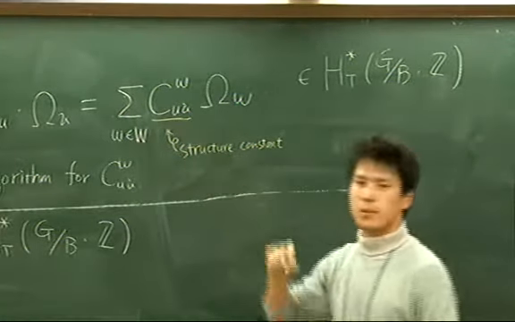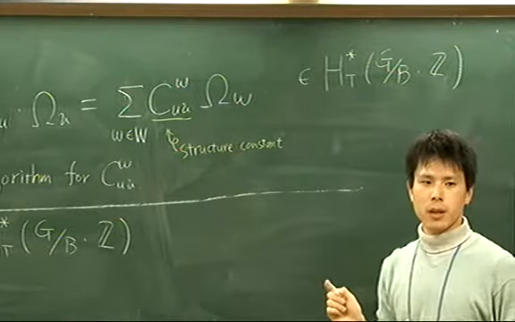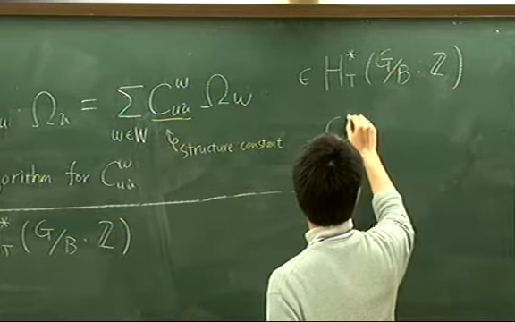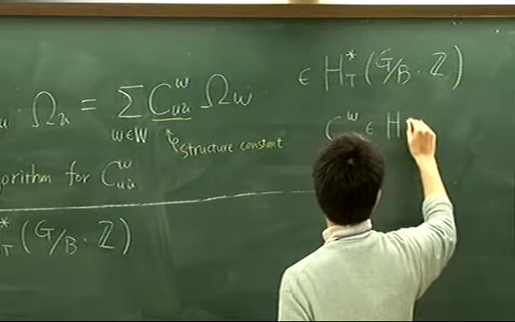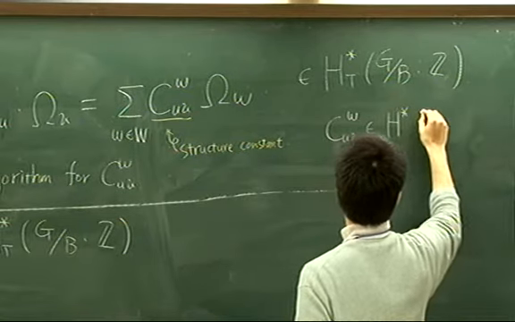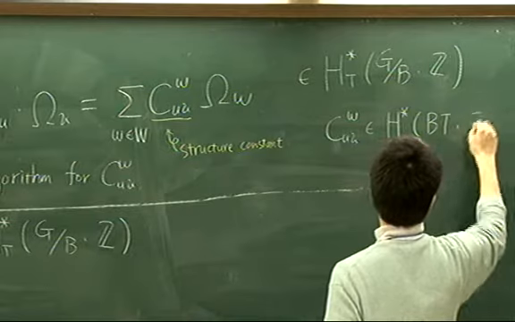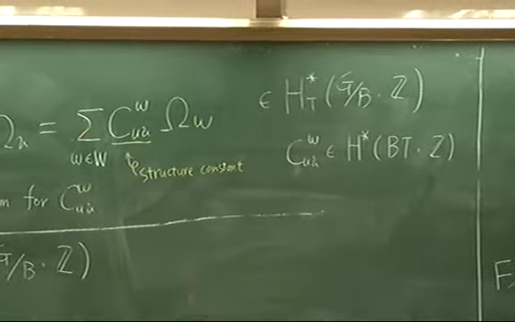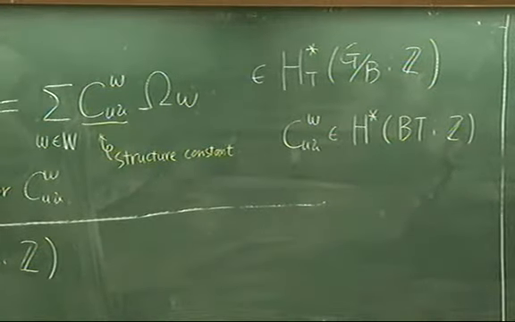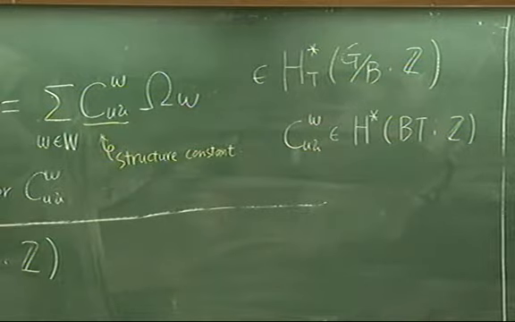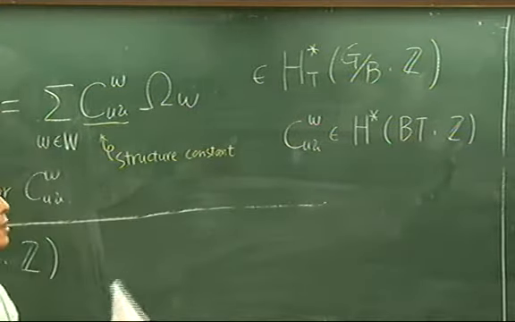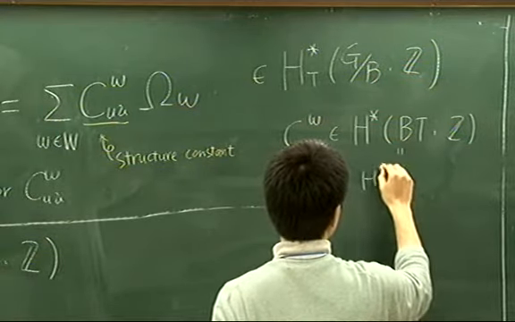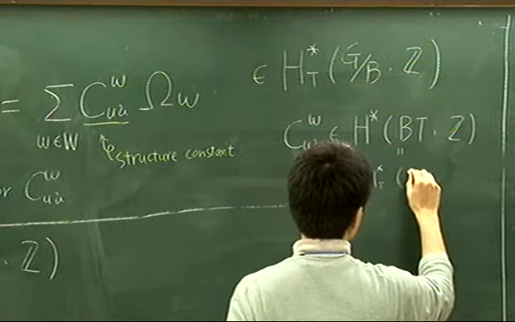Here, this structure constant is no longer just a positive number, but an element of the polynomial ring of BT, because the coefficient for T equivariant cohomology is the cohomology of BT, the equivariant cohomology of a point.